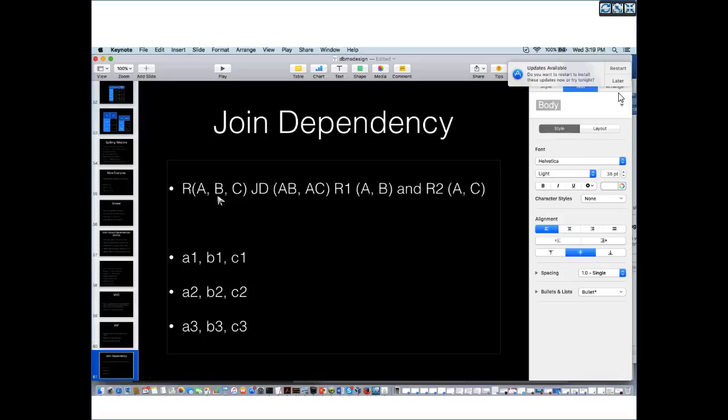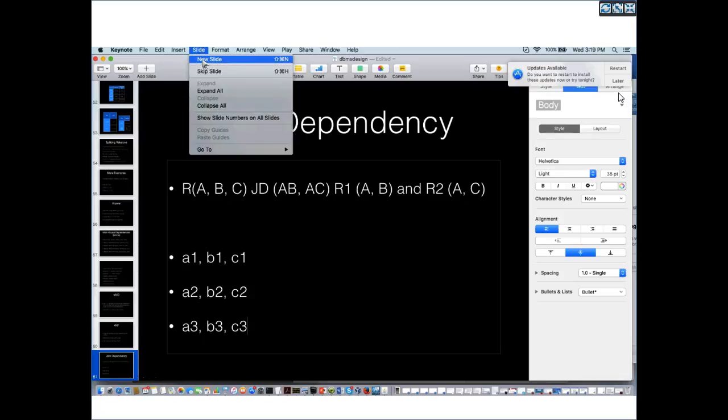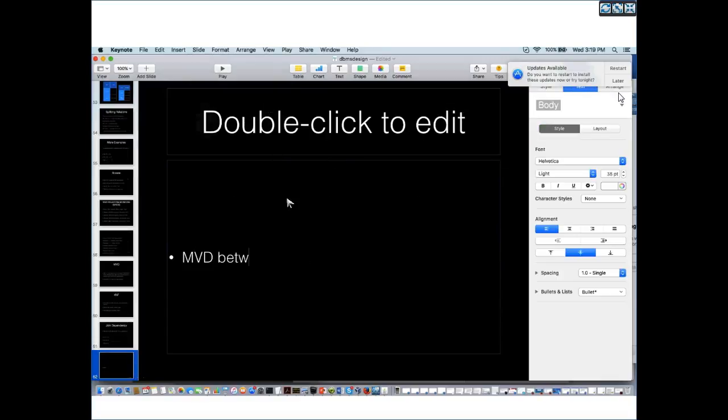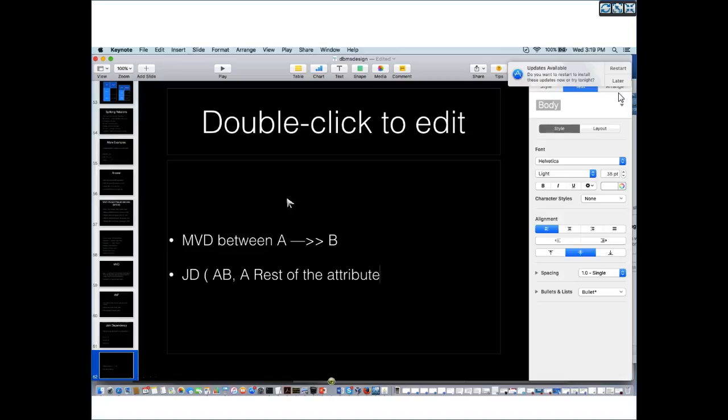A join dependency can be seen as a more general case than the multi-valued dependency. For example, the multi-value dependency can be written as a join dependency. Let us say we have a multi-value dependency between A and B, okay. You can say it is equivalent to a join dependency by picking A, B into one and A and the rest of the attributes.